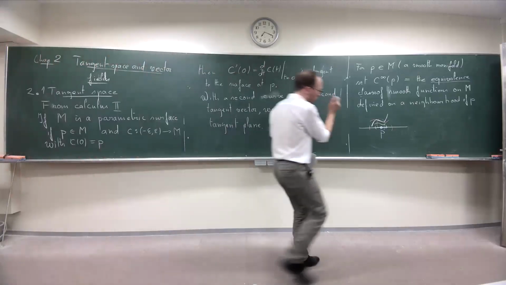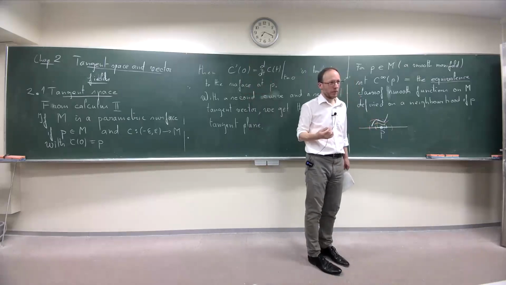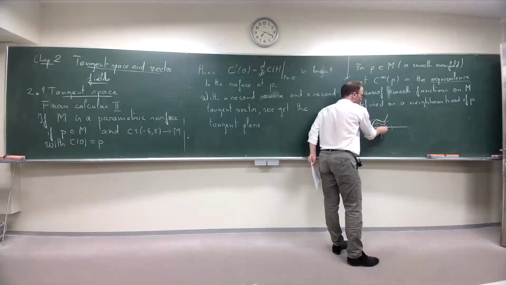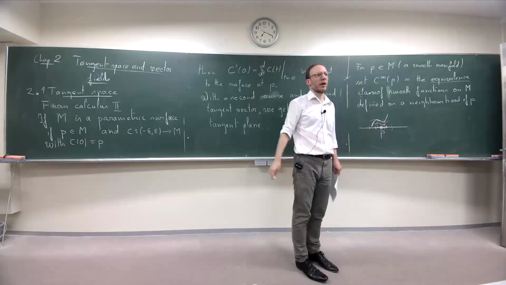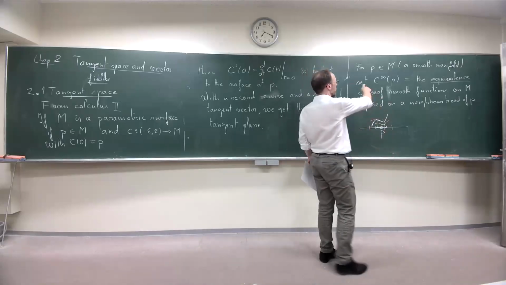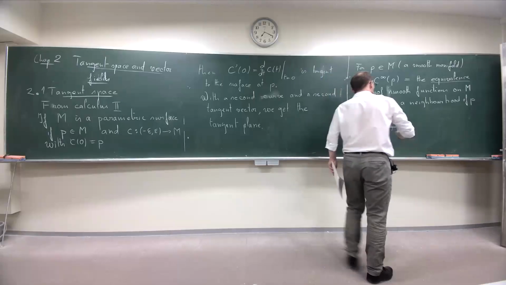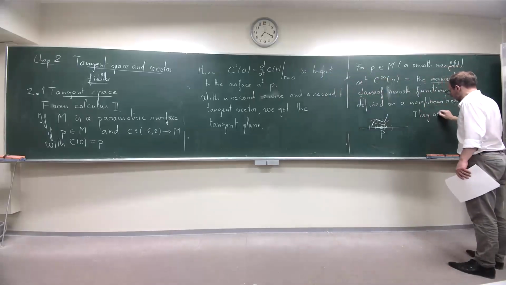I'm only interested in what happens essentially at P. So if two functions are equal on a small interval around P, even if they are different elsewhere, I just count them as one function, one equivalence class. So the set of smooth functions, or equivalence classes of smooth functions, defined on the neighborhood of P. Now I need to say when they are equivalent.